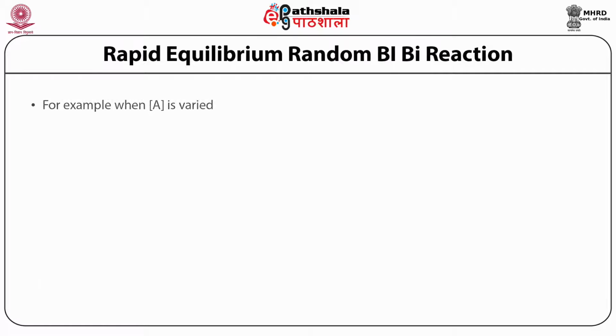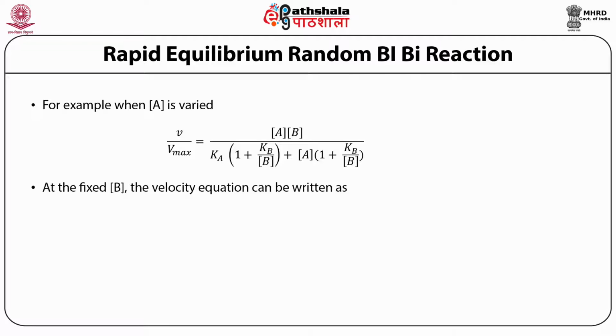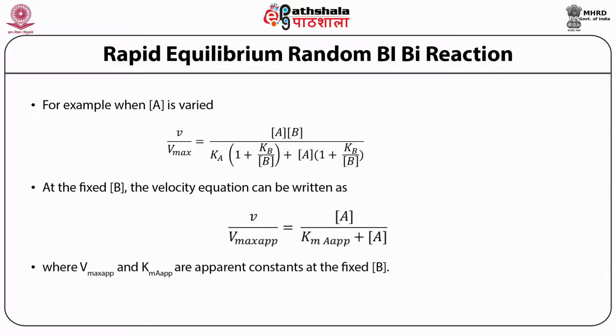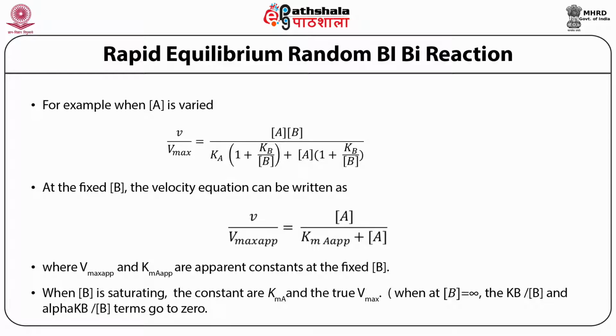When the concentration of A is varied, the equation becomes V upon Vmax is equal to the concentration of A times the concentration of B divided by Ka within the bracket 1 plus Kb upon the concentration of B, plus the concentration of A in the bracket 1 plus Kb divided by the concentration of B. At a fixed concentration of B, the velocity equation can be written as V divided by Vmax apparent is equal to A divided by Km apparent plus A concentration, where Vmax apparent and Km apparent are apparent constants at a fixed concentration of B. When B concentration is saturating, the constants are Kma and the true Vmax.